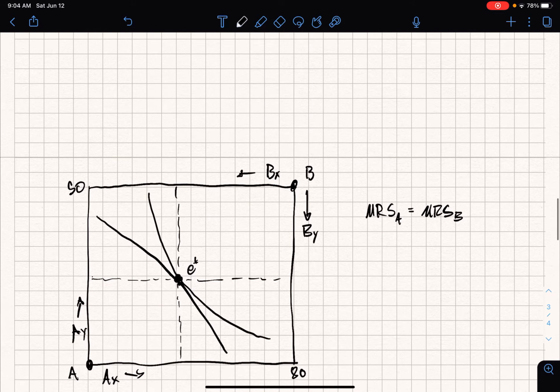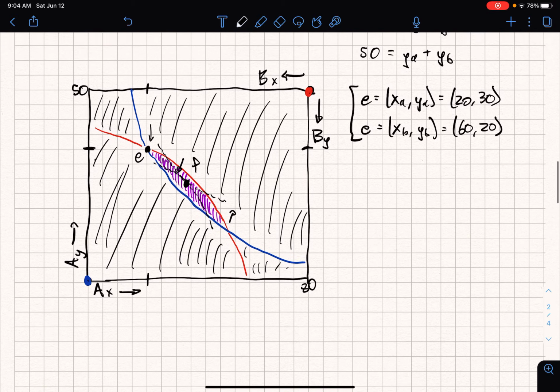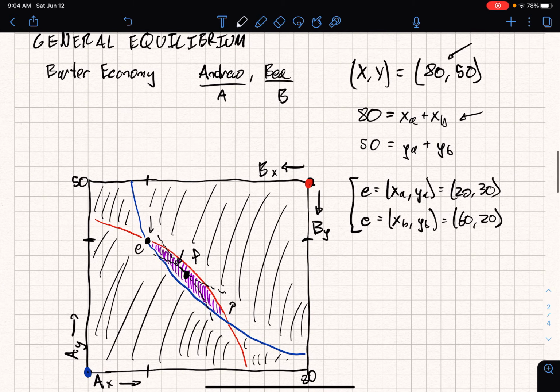Another way of thinking about this is going back to our original graph in the barter economy. Andrew and Bea have an allocation E, and they're willing to trade some for the other. So they identify the fact that they can move into this lens and end up better.